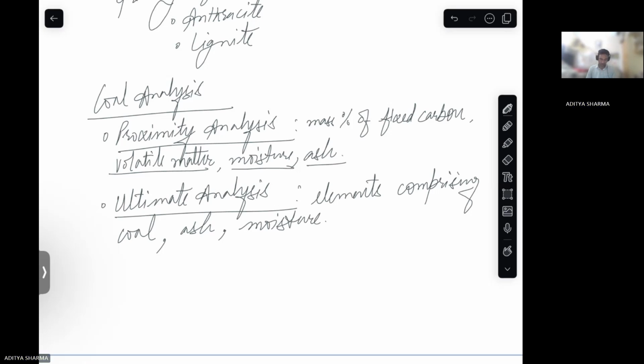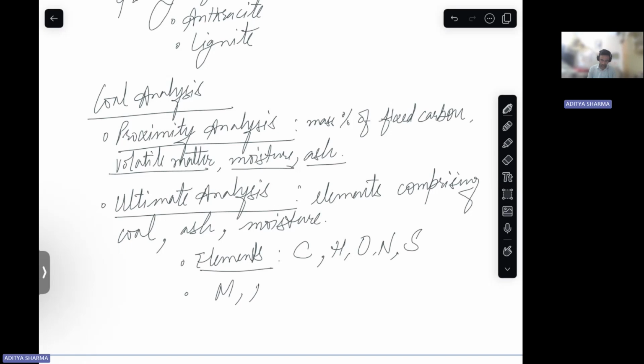In elements, we have carbon, hydrogen, oxygen, nitrogen, sulfur. So these are elements, but also we see moisture and ash also. So there are mass fractions in the coal that we have.